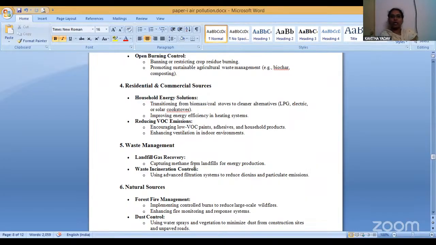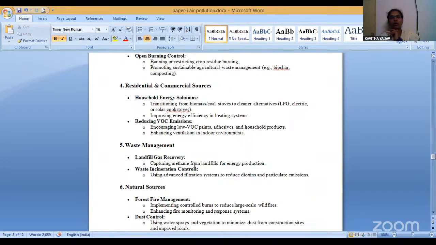Then improving energy efficiency in heating systems. We can concentrate on the heating system and improve its energy efficiency. Then the next one is reducing volatile organic compounds. Can you reduce volatile organic compounds?